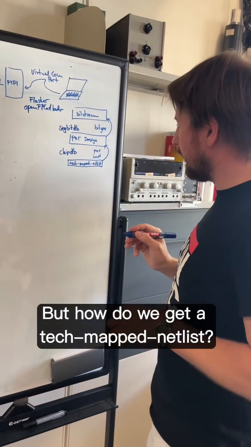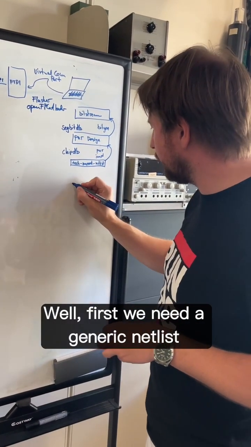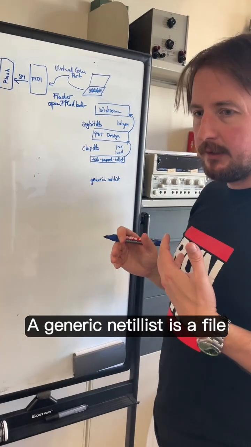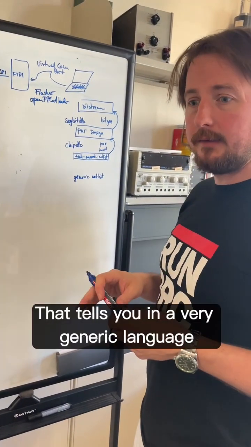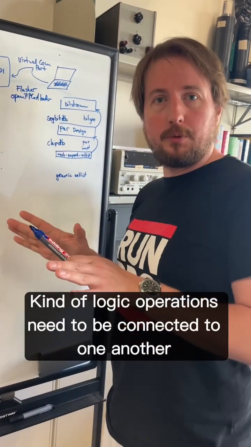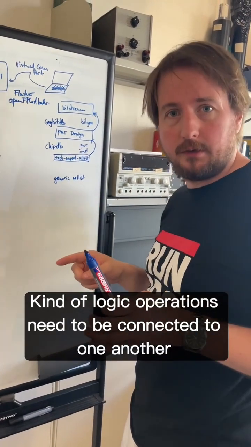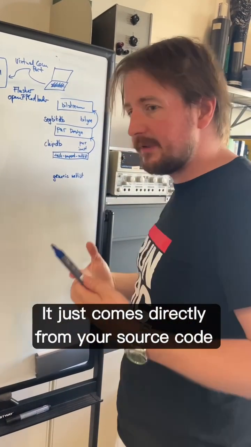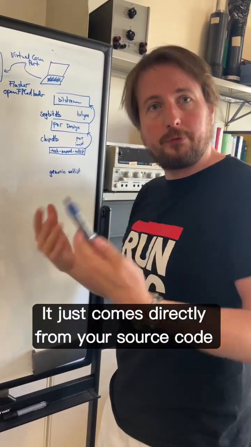But how do we get a TechMap netlist? Well, first we need a generic netlist. A generic netlist is a file that tells you in a very generic language which kind of logic operations need to be connected to one another. It doesn't know anything about the chip. It just comes directly from your source code.